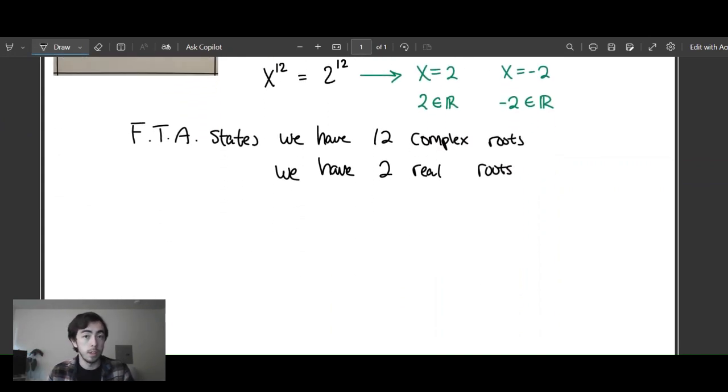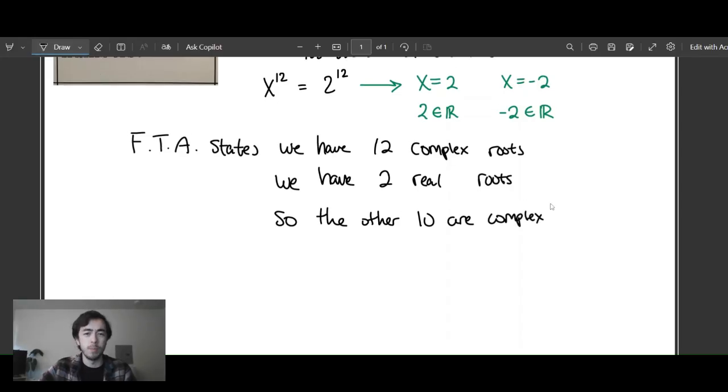Well, the fundamental theorem of algebra states that we have 12 total, and I only found 2 of them. So the other 10 are going to be complex, and they won't just have that real part. So the other 10 are complex with some kind of imaginary component with that number i.